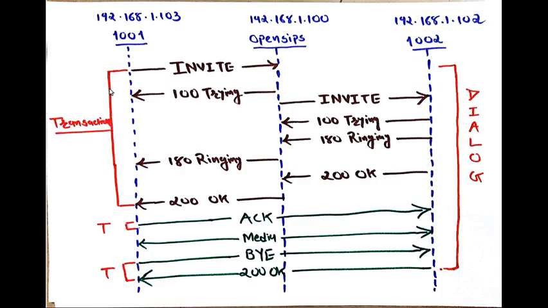Now 1002 accepts the call, it will give the 200 OK message. So 1001 sends one invite, that is the request. Invite is a request, means 1001 sends one request and gets three responses: 100 trying, 180 ringing, and 200 OK.